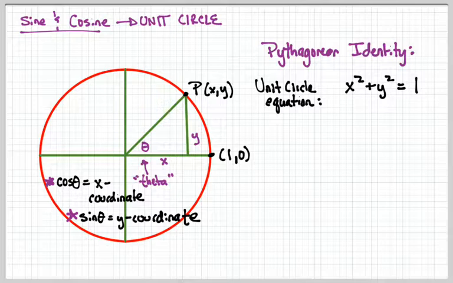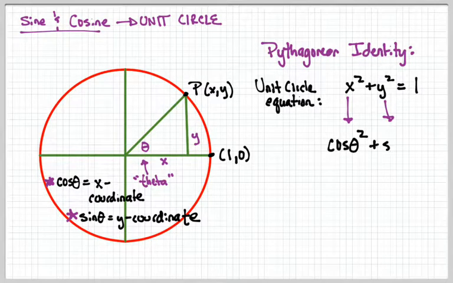Now, after we have that, what did we do with our x and y's? Yeah, we substituted in sine and cosine, right? So we can rewrite this as cosine theta squared. I'm going to write it like Natalie talked about it because I think it's good for you to see.